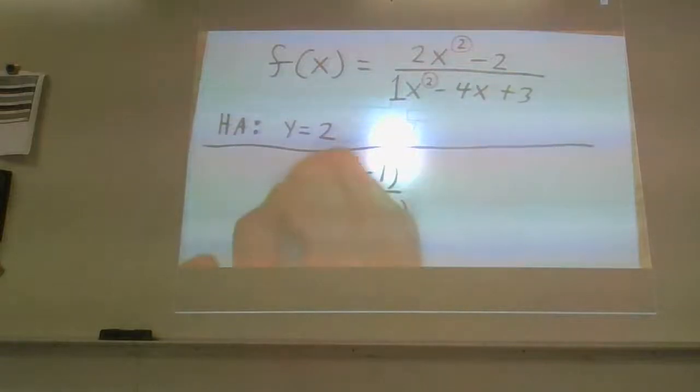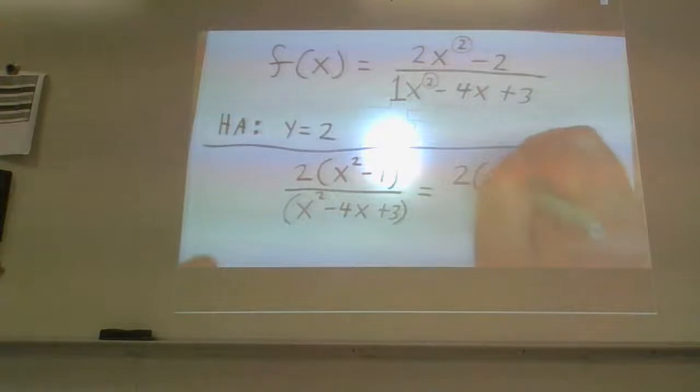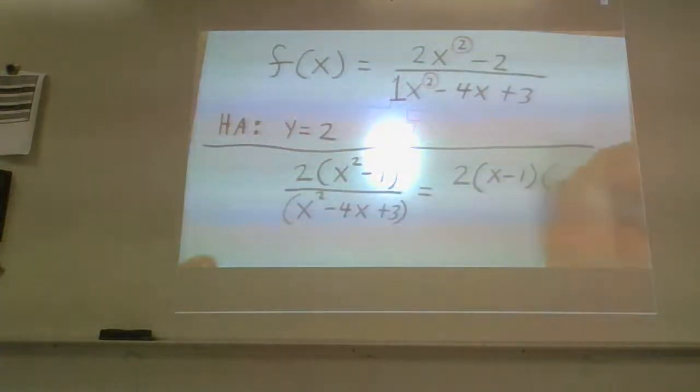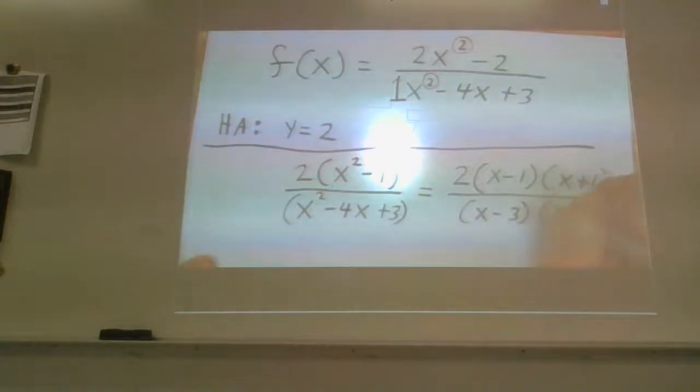Then I can factor not only the top, but the bottom of this problem as well. I can factor the top and the bottom of this problem in the following way.